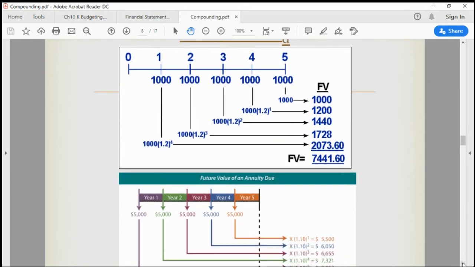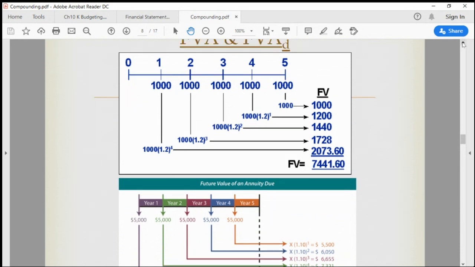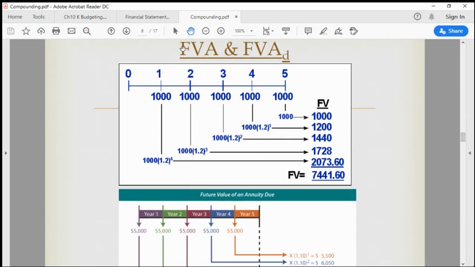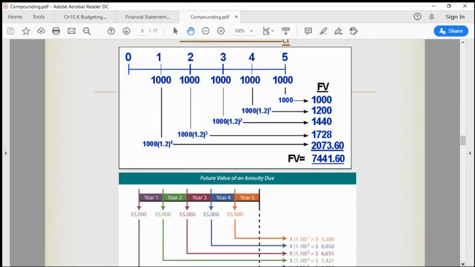Now, okay, let's take a look at this slide. The title is FVA. What do you think it stands for? It stands for future value of annuity. Okay, and I'm going to get to the other one shortly, but first, let's take a look at this scaled down example.